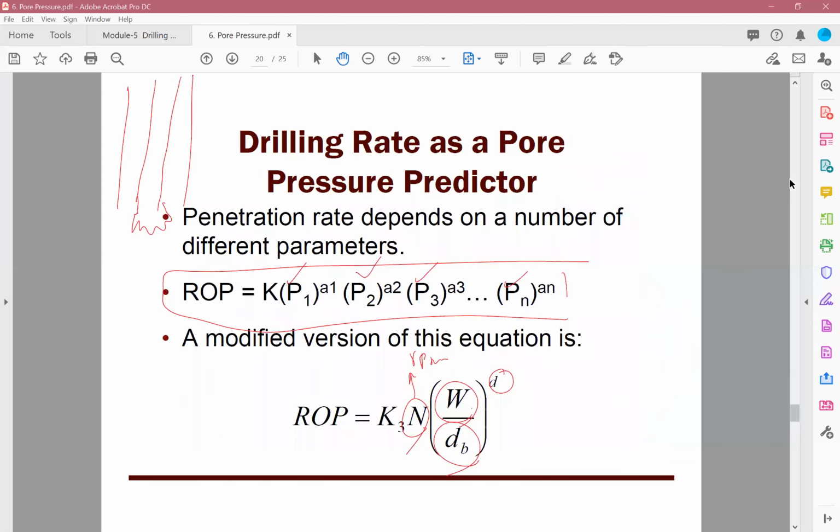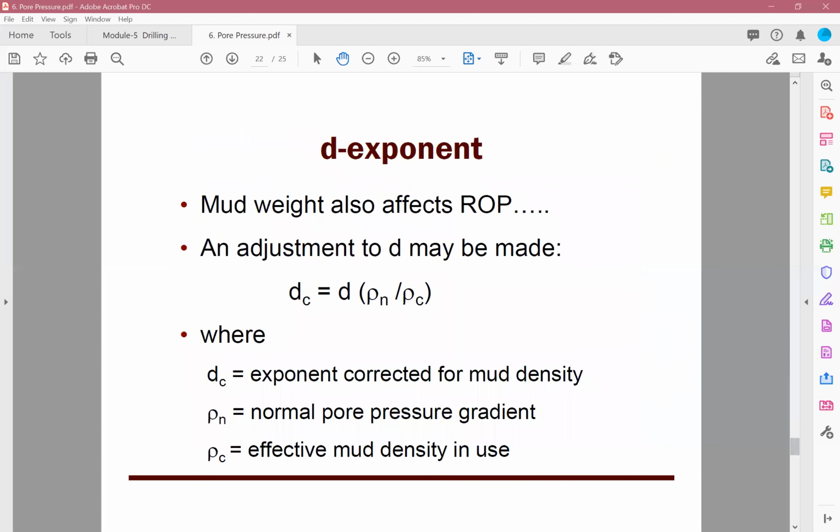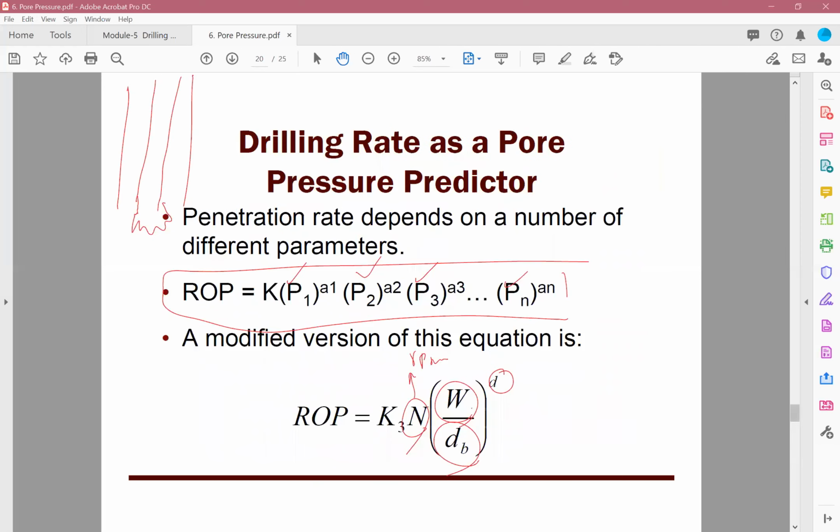This D exponent has also been modified based on the density of the fluid: the density of the normally pressured gradient formation versus the effective mud density in use. They modified it because, as you also said, the mud density affects your drilling rate, so they wanted mud density in the equation of ROP.